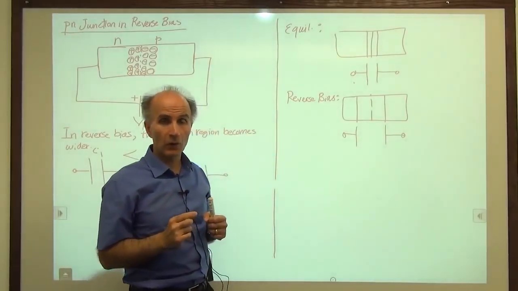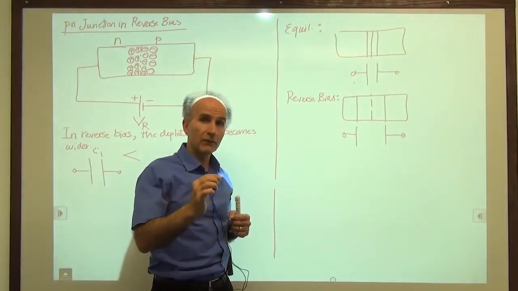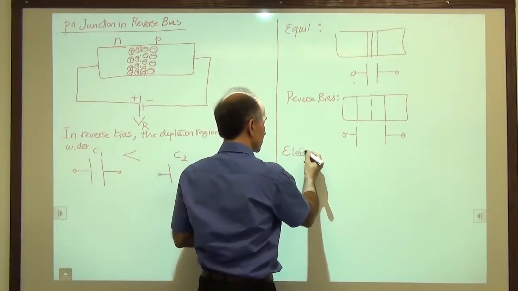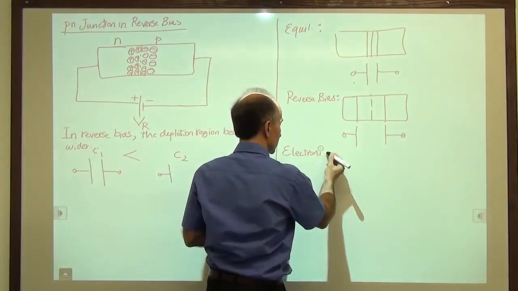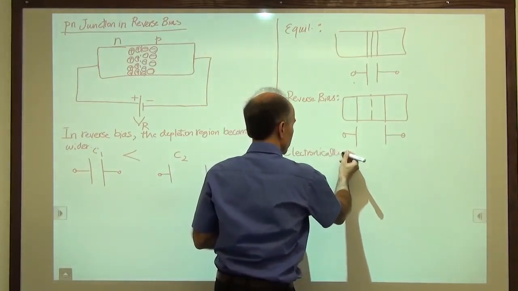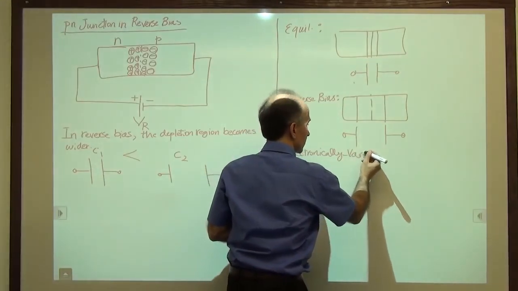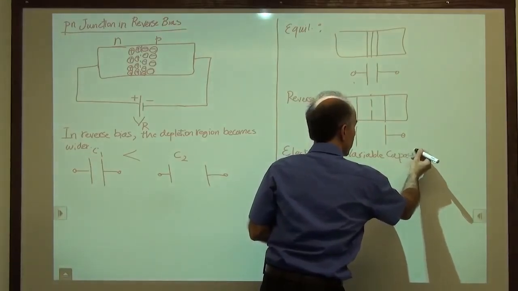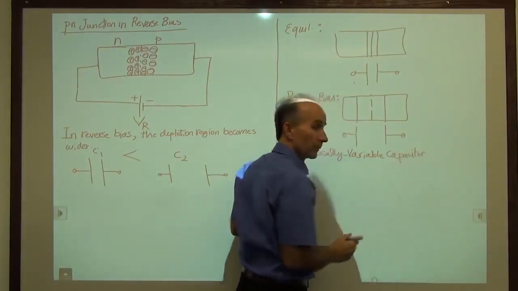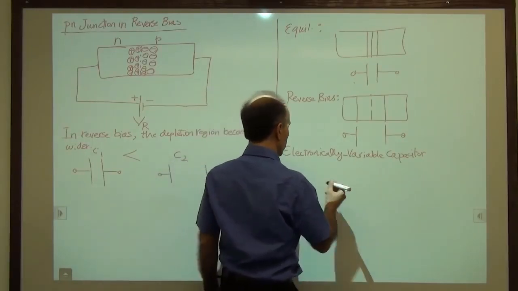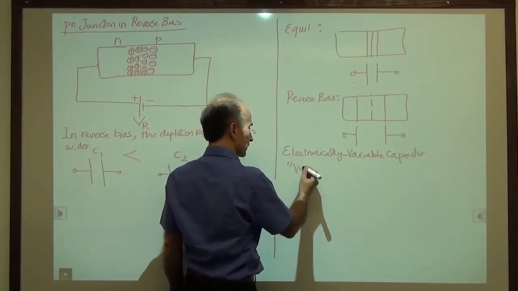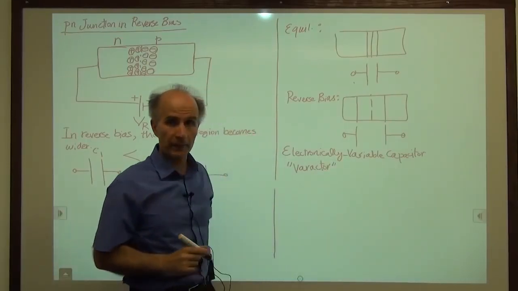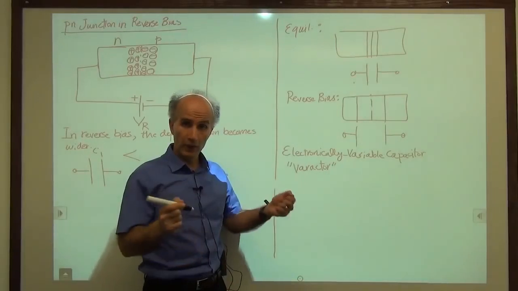So this is what we would call an electronically variable capacitor. And in fact, we have a name for this device because it is very useful in practice. This device is called a varactor. A varactor is a capacitor whose value can be controlled by a voltage.